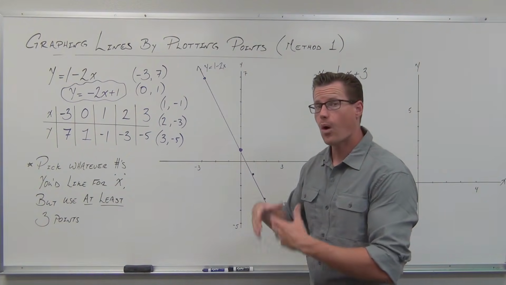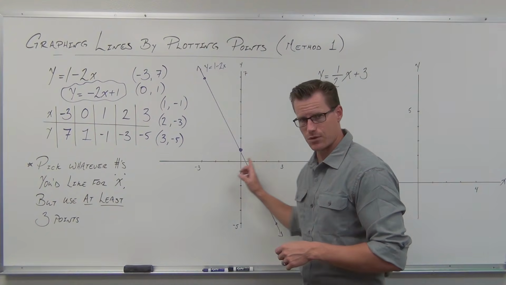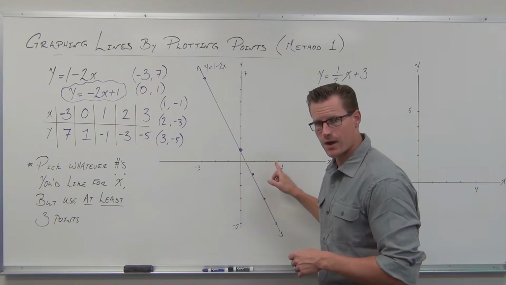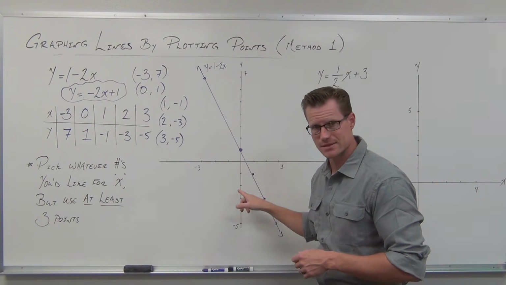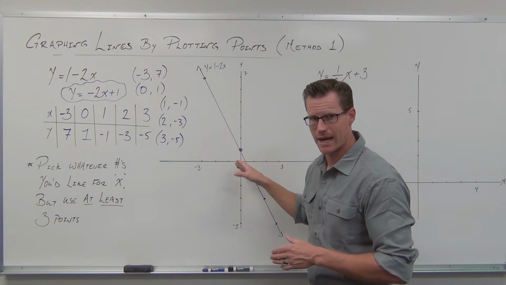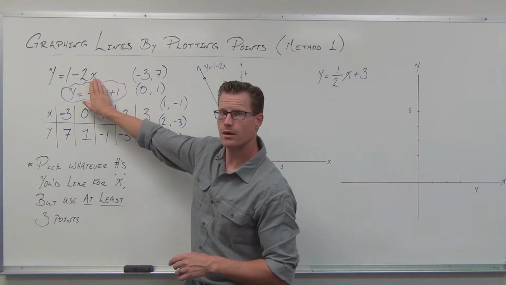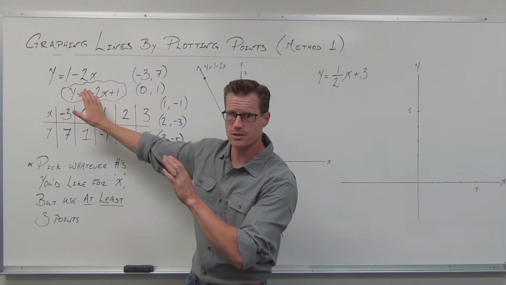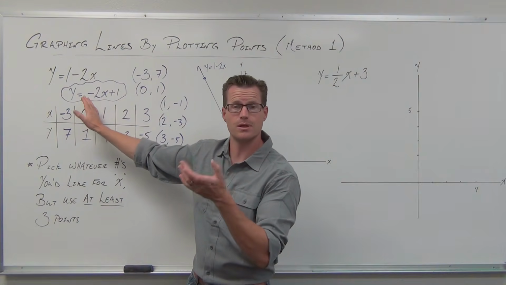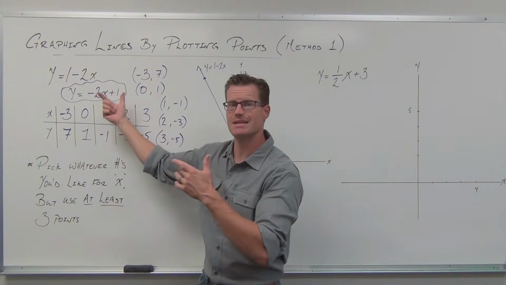But why? If you were to always plug in 0, which I told you to do, think about this for a second. Plug in 0 for x. 0 for x is right here. It is the y-axis. If you plug in 0 for x, you are going to be on the y-axis. If you plug in 0 for x, this term is gone. If your x term goes away when you plug in 0 for x, you are only going to be left with the constant. 0 plus the constant gives you that constant.